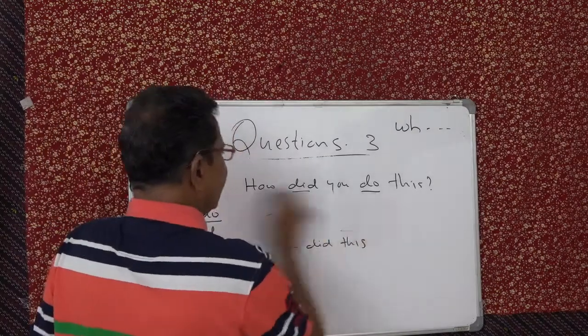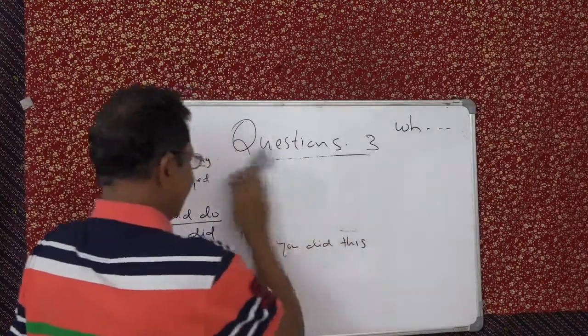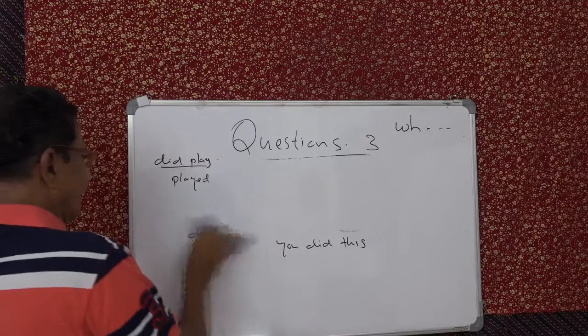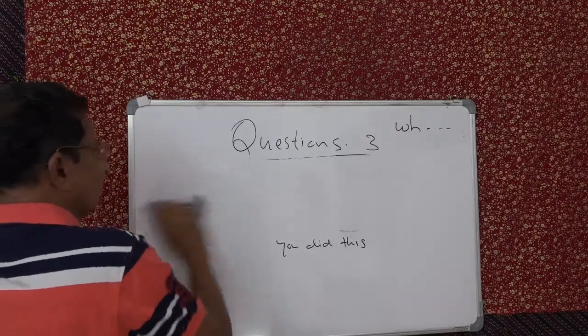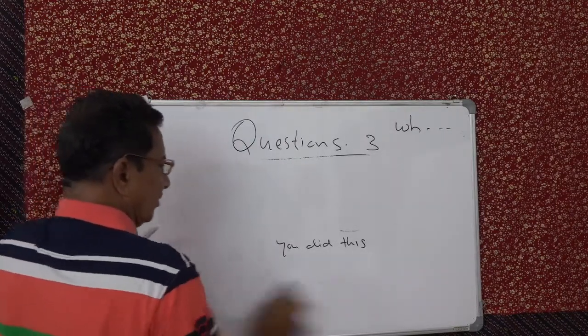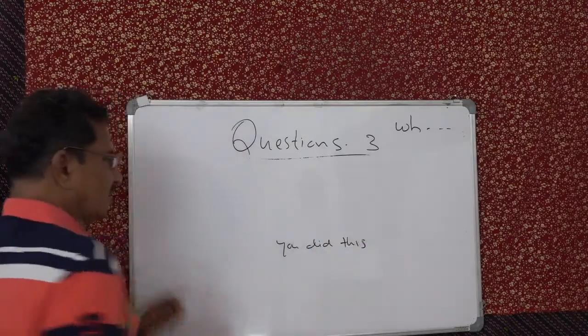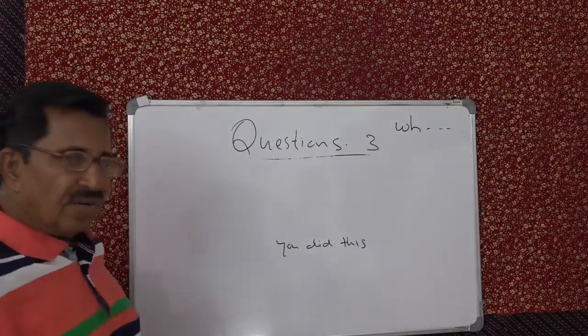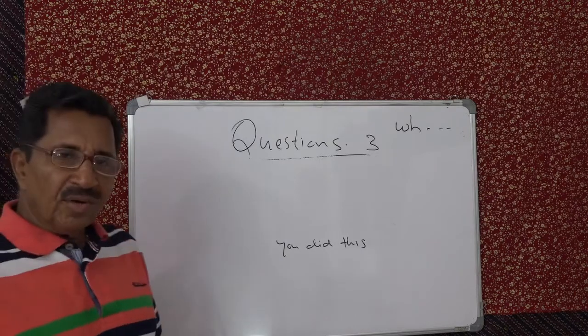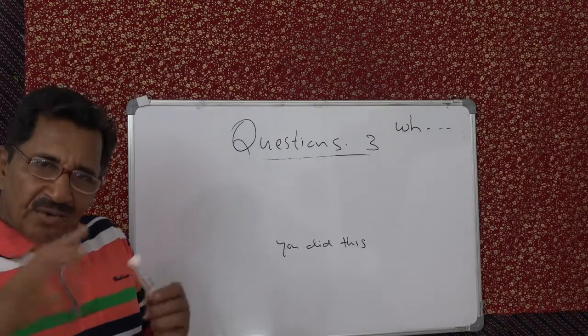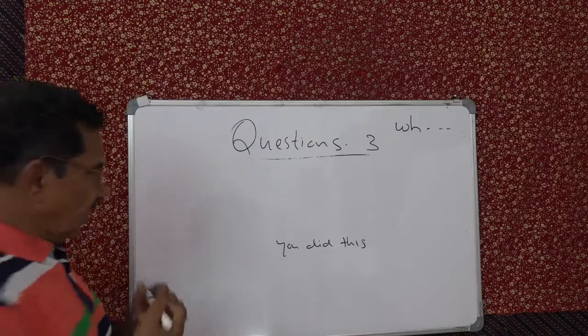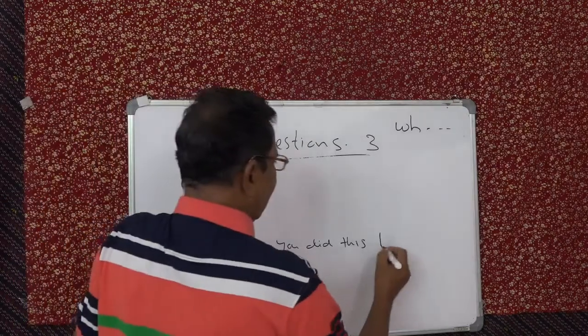So very often this sentence is taken as an example for changing question into statement and statement into question. So this is, you did this. Now what do you want to know? The way you did this. So what is the question word? How.